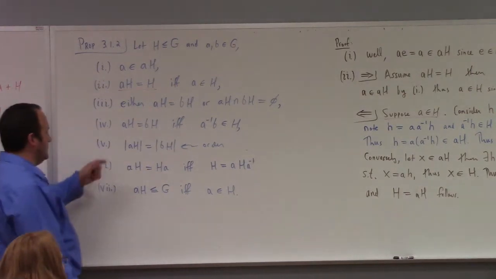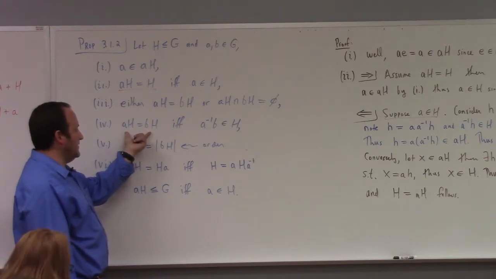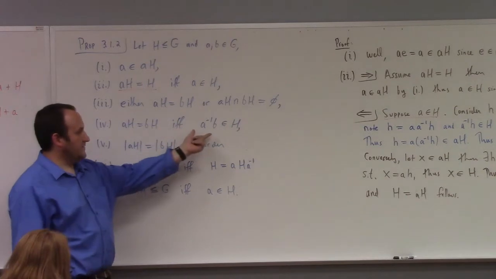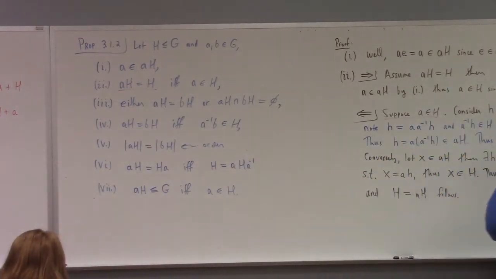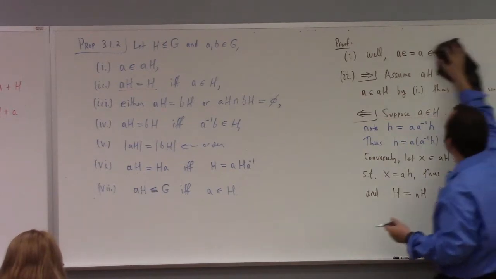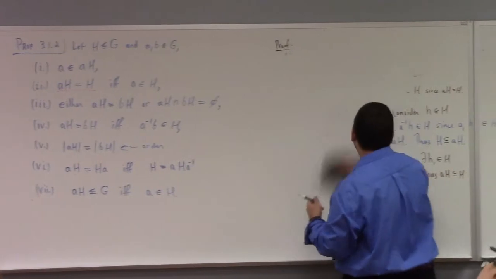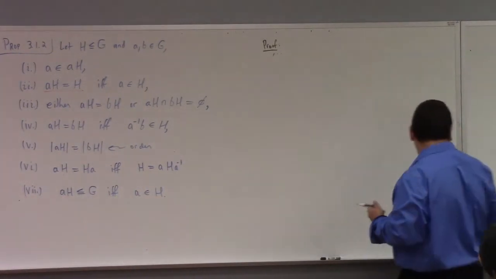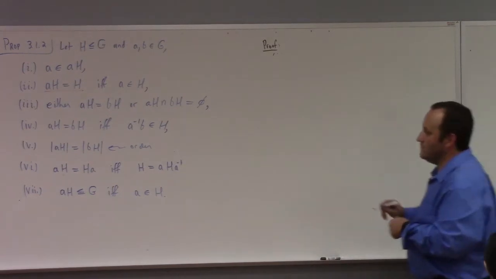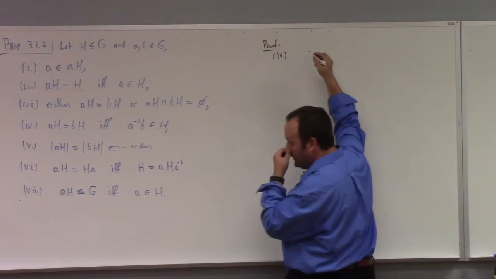All right, so 4 is actually important if and only if. So can you guys see why AH is equal to BH if and only if A inverse B is an element of H? Can we prove that? Let's see here.